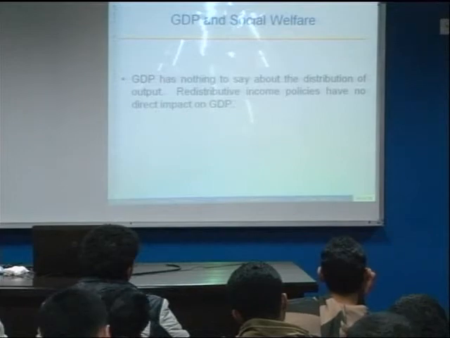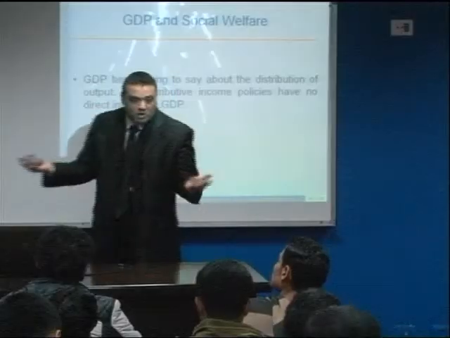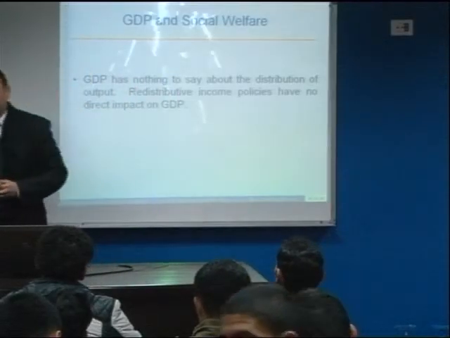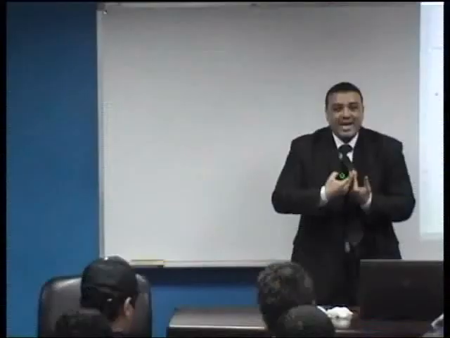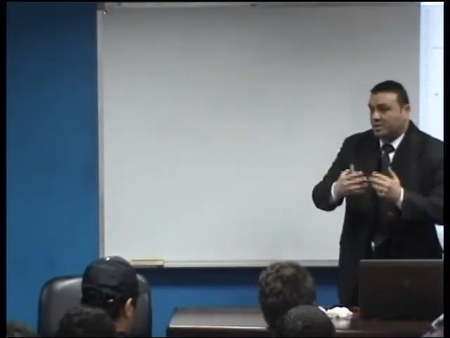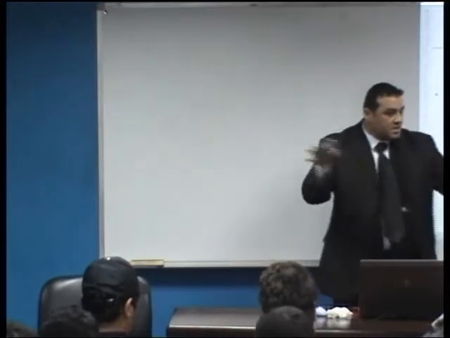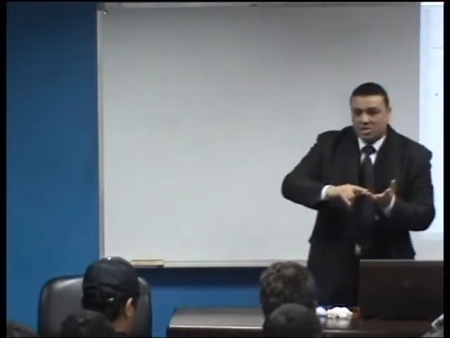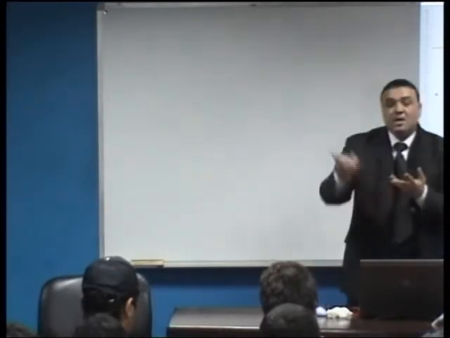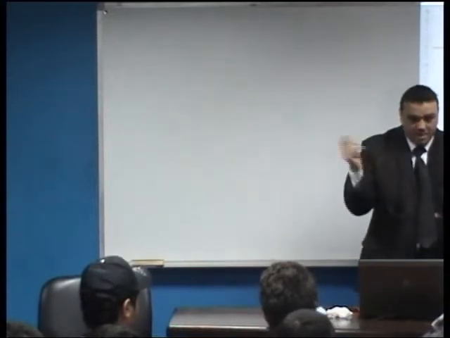What else? GDP, as I mentioned, has nothing to say about the distribution of output, so it doesn't talk about the distribution of income and outputs in the community. So we have a group of problems with GDP. Although it is a good indicator for the health of the economy, it ignores things related to social welfare, crime, the environment, and pollution of the environment and the community.